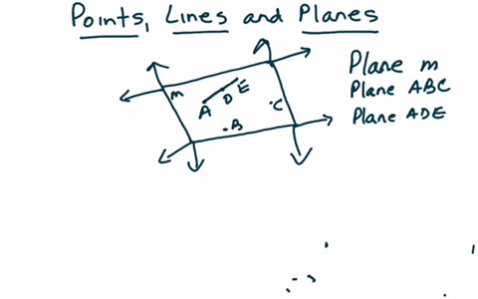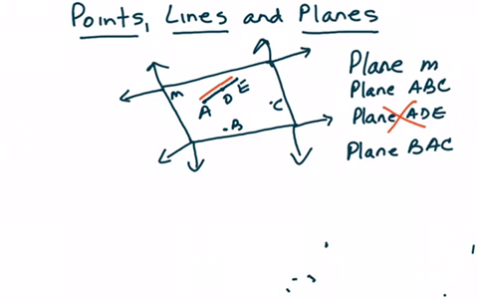I can't call it that, okay? You can't call it plane ADE because that actually forms a straight line. So I can call it plane M, I could call it plane ABC. As a matter of fact, I could have called it plane BAC. You see, I could switch the letters around.